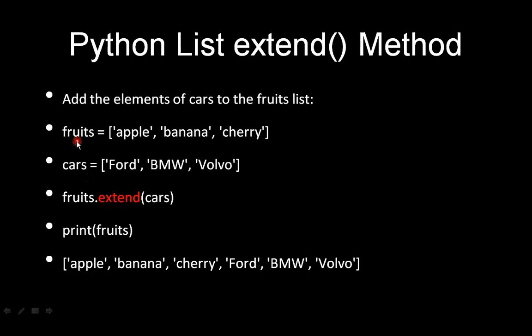If I want to add an element to the existing list, I can do it with the append method. But what is the difference between the append method and the extend method? In the extend method, we can add the elements of one list to another list. That is what is important.